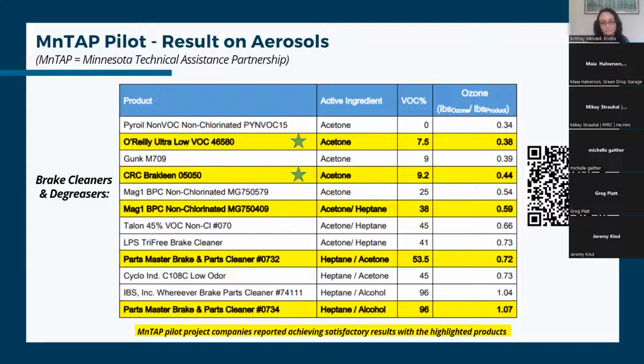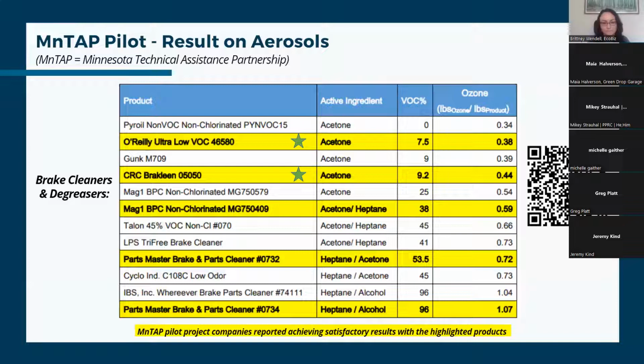The ones in yellow achieved satisfactory results in their cleaning efforts, but the important part here is to look at the VOC percent. The lower volatility products, two of them, one at 7.5 and one at 9.2%, seem to perform well.